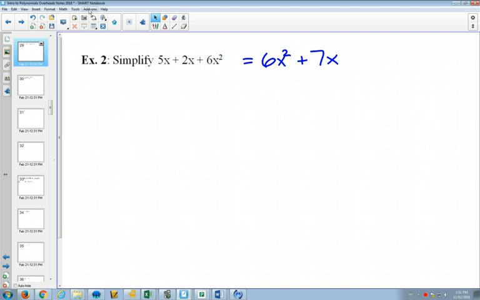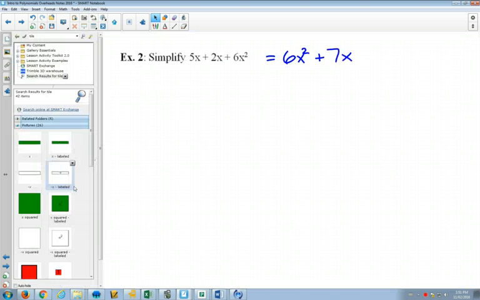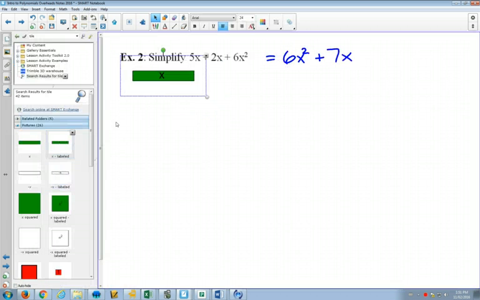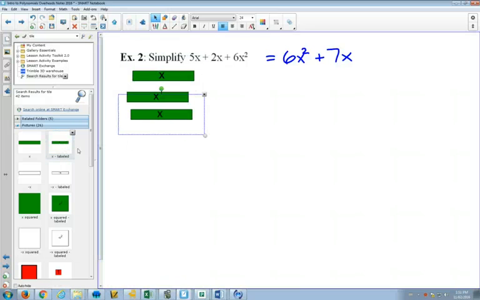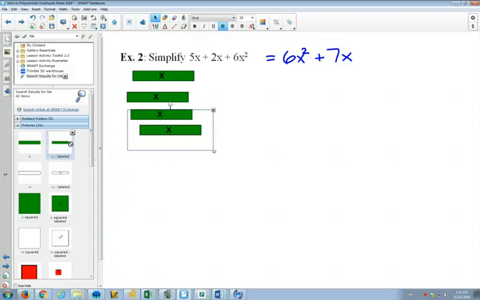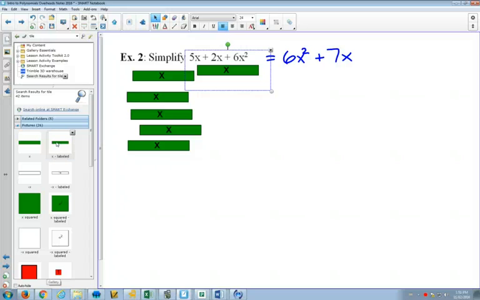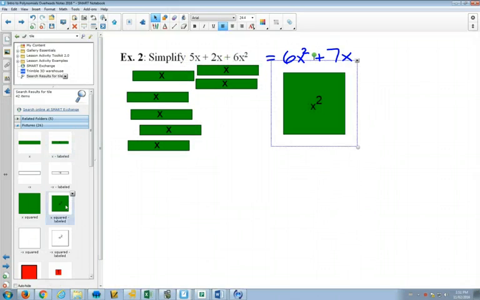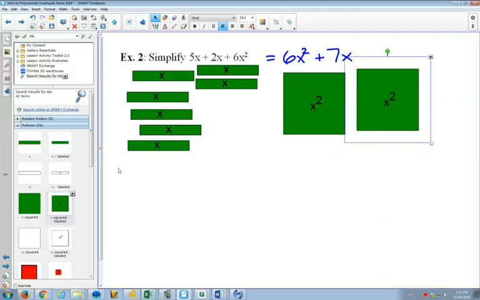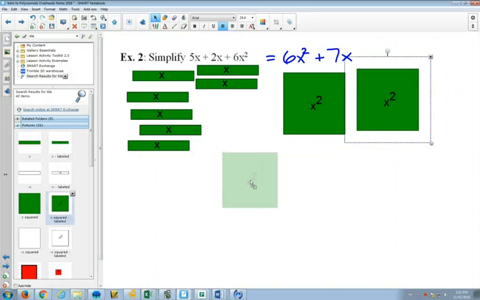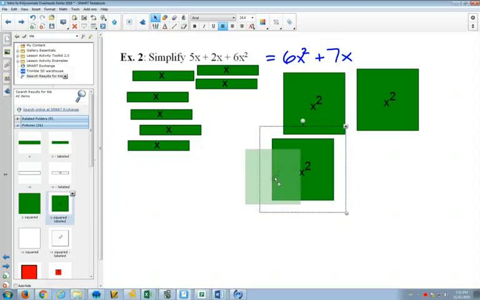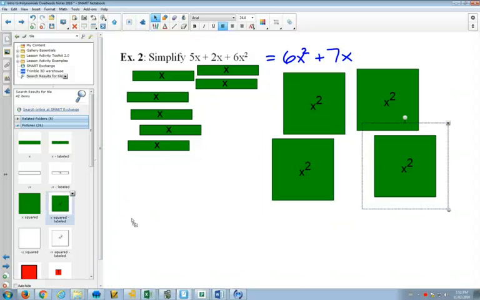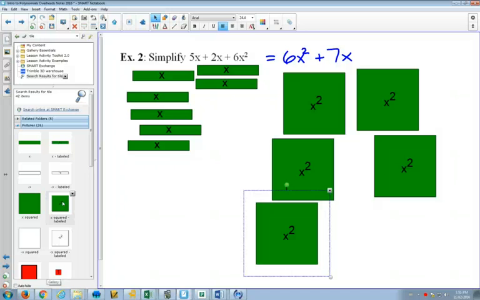Now, with algebra tiles, you would have 1, 2, 3, 4, 5 of them here, plus 2, plus 6x squareds, 1, 2, 3, 4, 5, 6.